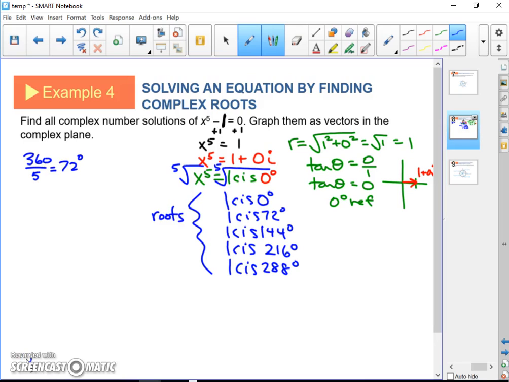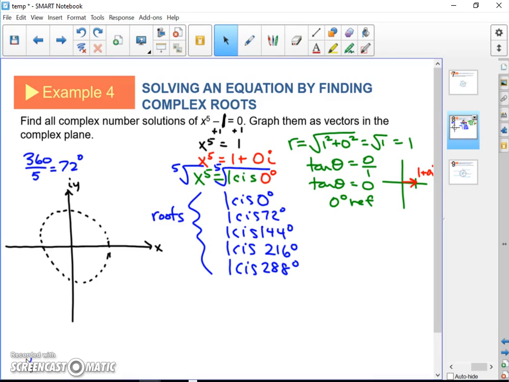Or solutions. And now we graph them as vectors in the complex plane. So let's graph the complex plane. This will be your x, and this will be your y, or i y, the imaginary axis. I want you to imagine a circle of radius 1.